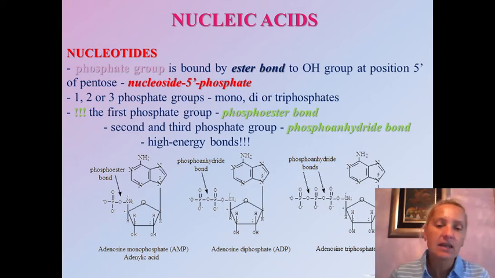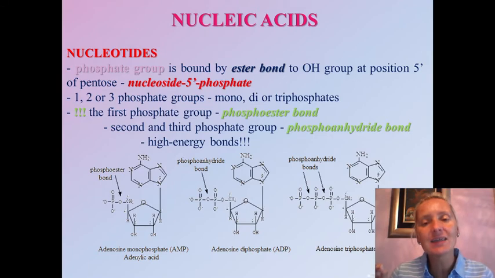The second and the third phosphate groups are attached to the previous phosphate group by the formation of a phosphoanhydride bond. And those 1 or 2 phosphoanhydride bonds are high energy bonds.